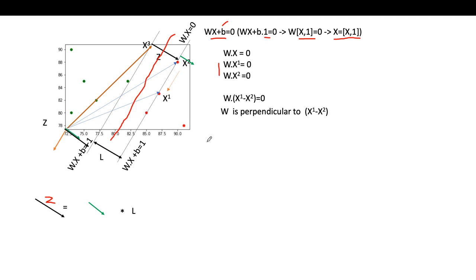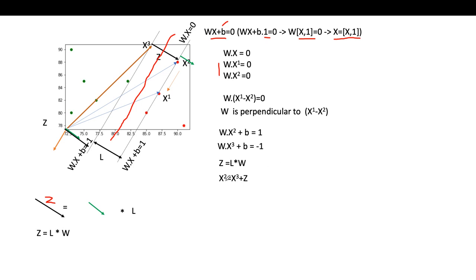Now z equals L times the w vector. x3 is a point on the line whose equation is wx plus b equals minus 1, so wx3 plus b equals minus 1, and x2 is a point on wx plus b equals 1. And we know z equals L times w.